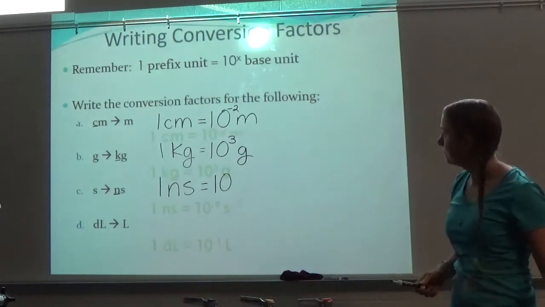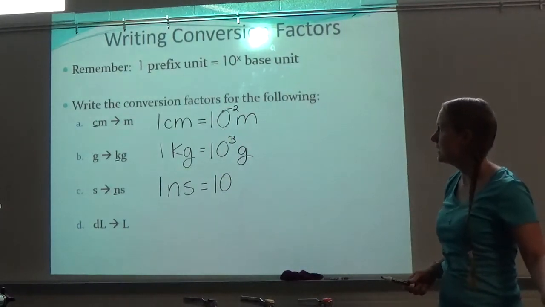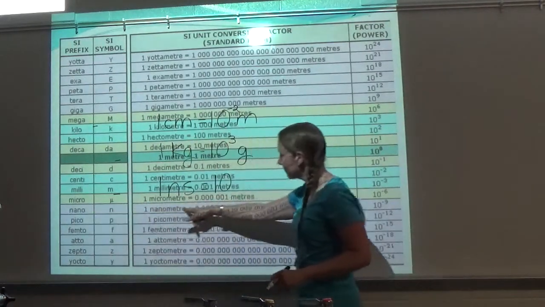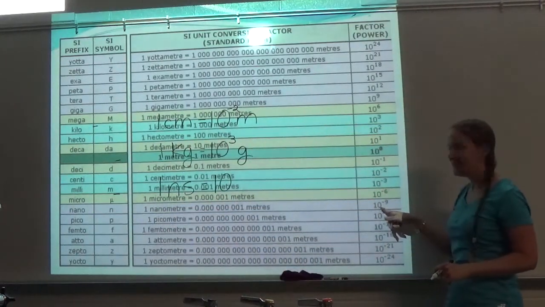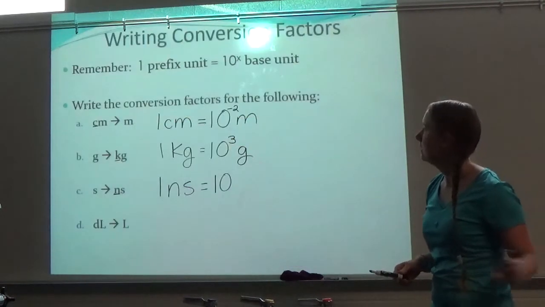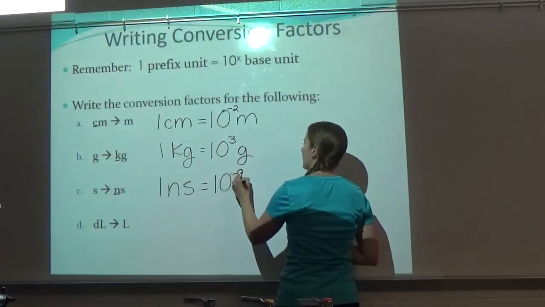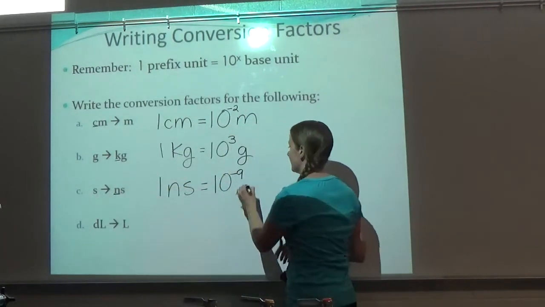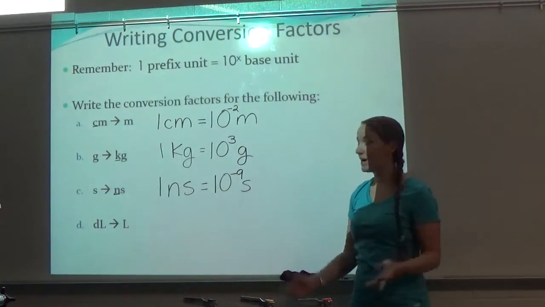Oh gosh, I just gave you the answers. Don't look at this. I find nano right here. I go across. It's 10 to the negative 9. So I do 10 to the negative 9, and then my base unit, which in this case is just seconds. Hopefully you got that one right.